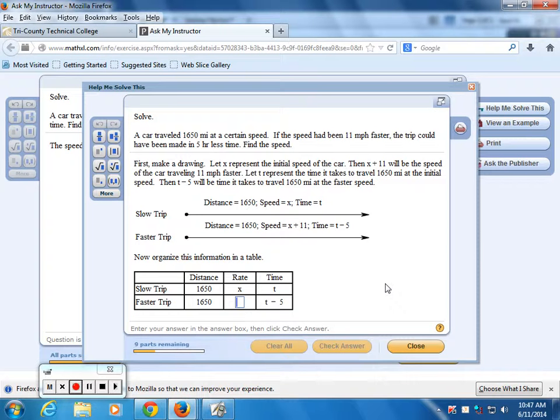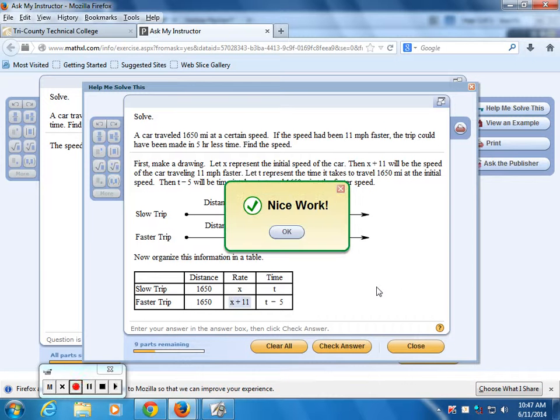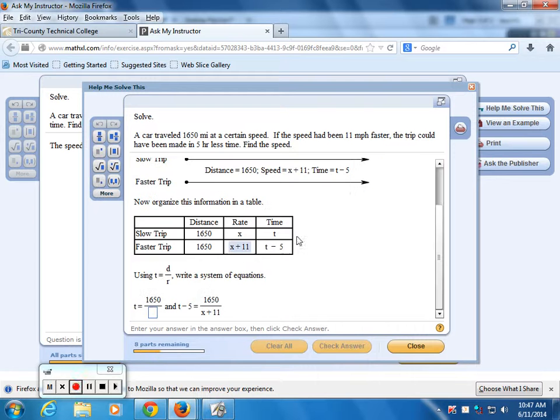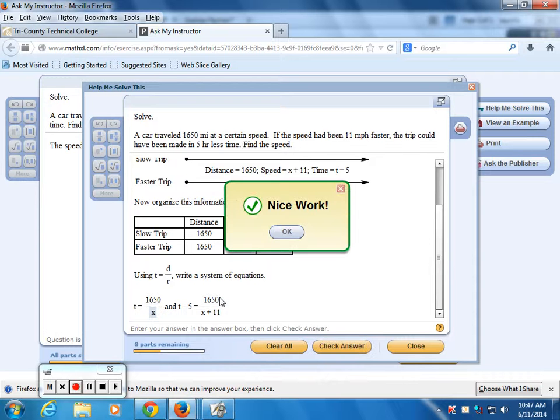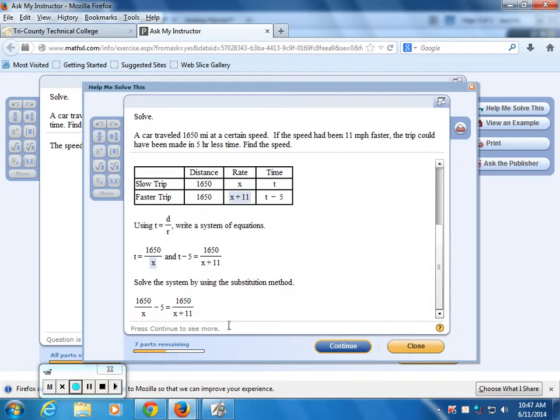What is this? X plus, what is that? X plus 11? We did that. We did this. This is 1650 over X. Did that. Did we have this? Yes. That's the problem you want to do.